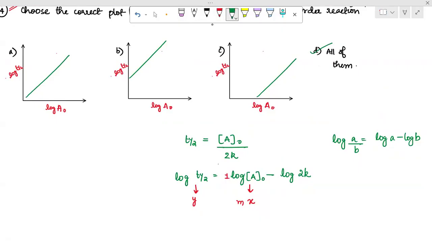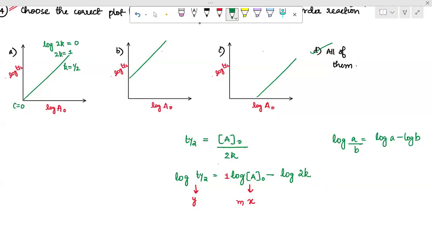So here in the first graph, you can see that the line is passing through 0, which means the intercept is equal to 0 over here. Which means this term as a whole has become 0, and that is possible. How? If log 2k is equal to 0, or if I can say that the value of 2k is equal to 1, or in other words, the rate constant is 1 by 2 units.